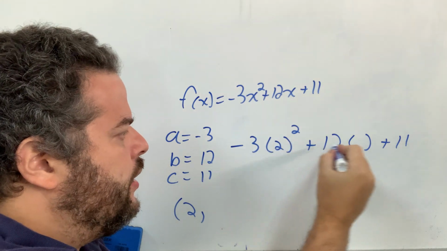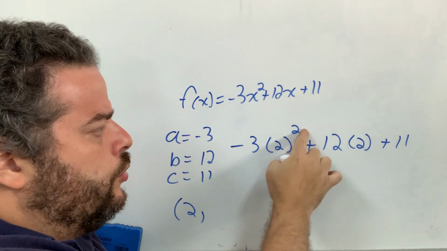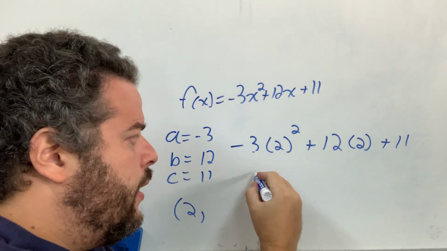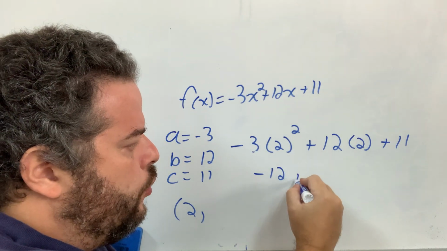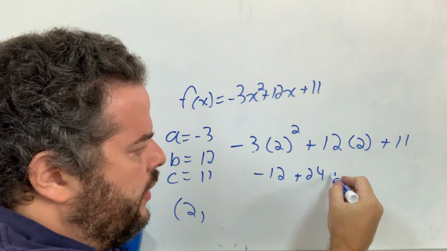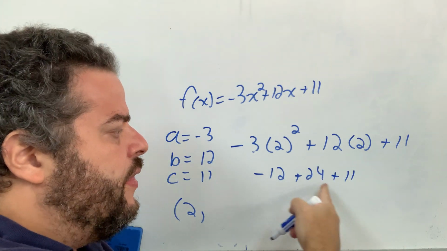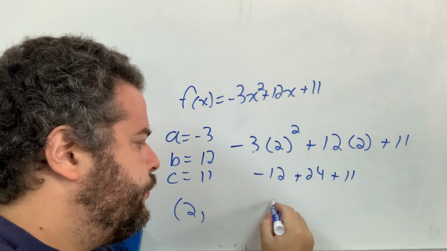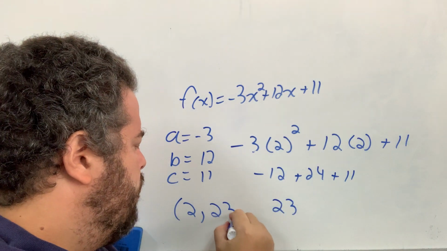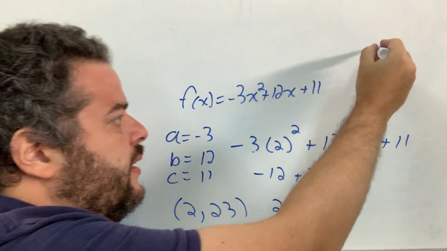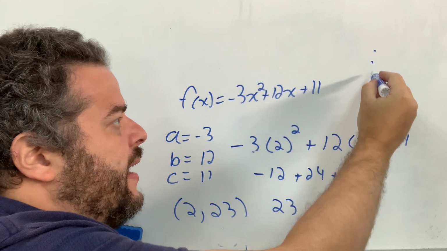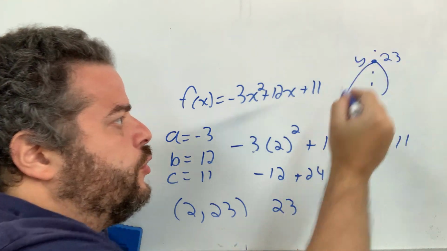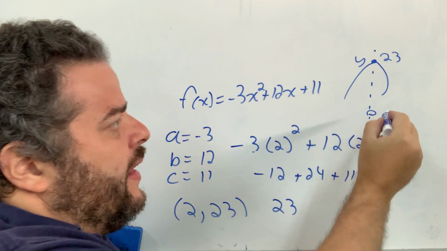I'm going to put a 2 in here and a 2 in here. 2 squared is 4 times negative 3, negative 12, plus 24, plus 11. I add everything. This is 35 minus 12, 23. So when I input 2 into my axis of symmetry, I end up with a maximum value of y equals 23 when my x value is 2.